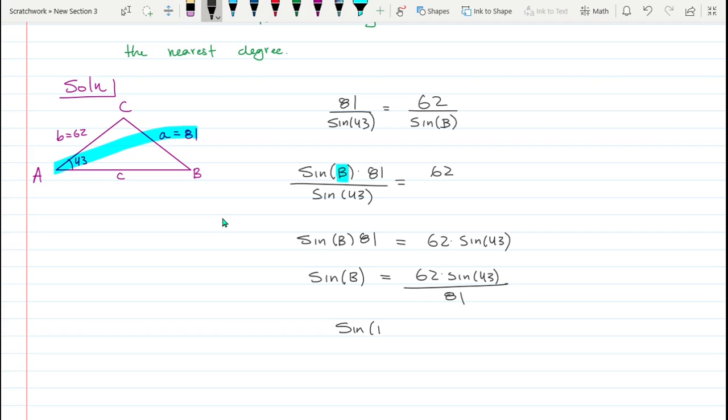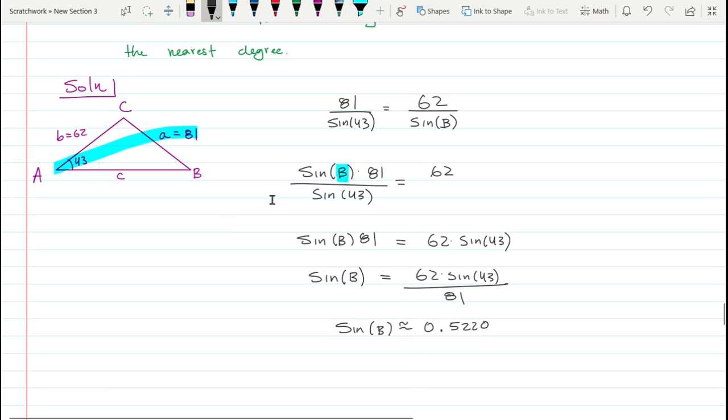Sine of B is equal to roughly 0.5220. So we're not going to leave our final answer like that. This is just to get an idea. So you have to be kind of careful.